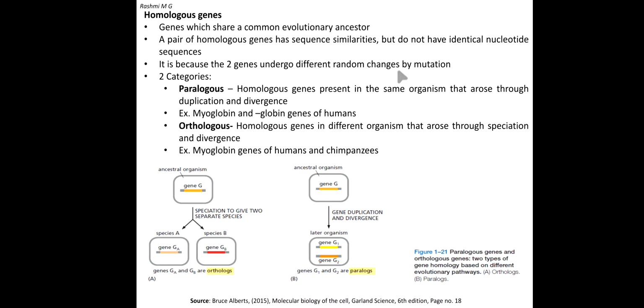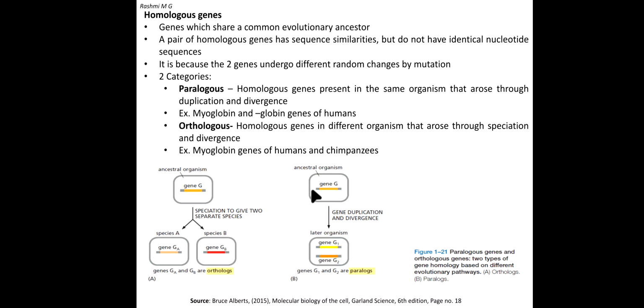There may be insertion of even a single nucleotide, so they do not have identical nucleotide sequences, but they have some sequence similarities. There are two categories of homologous genes, as mentioned earlier. Paralogous genes are homologous genes present in the same organism that arose through duplication and divergence.